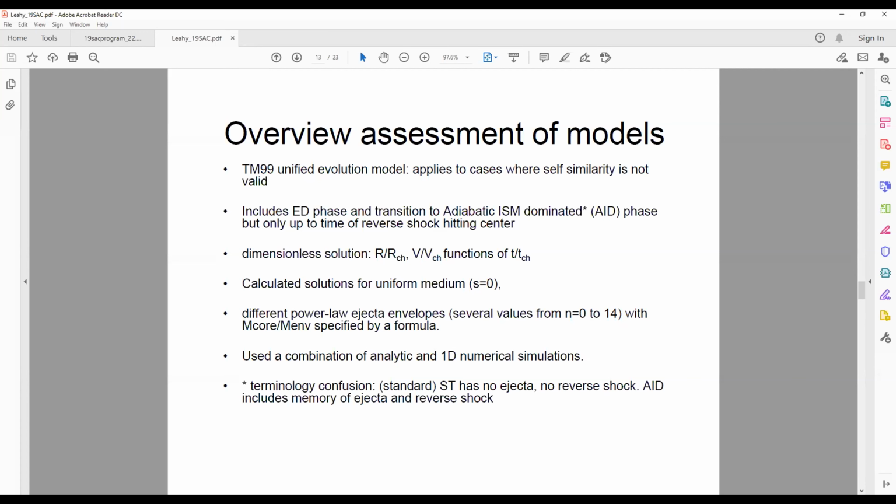And you cannot have a power law envelope all the way into the center because you'd have to have infinite ejecta mass. So that's basically the reason you have to transform from ejecta-dominated into this long-lived transition phase. Okay, so the work we've done uses both analytic and hydrodynamic simulations using the Pluto code.